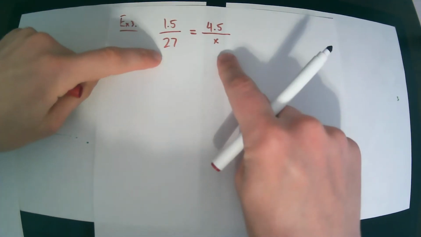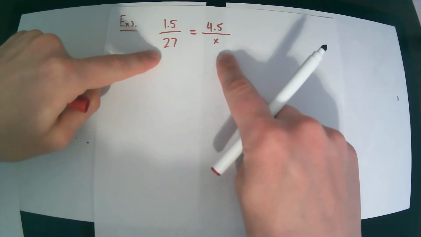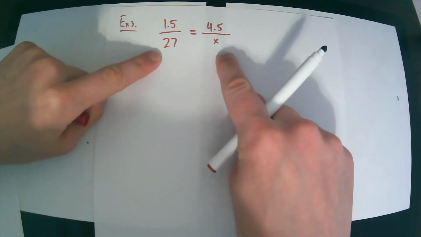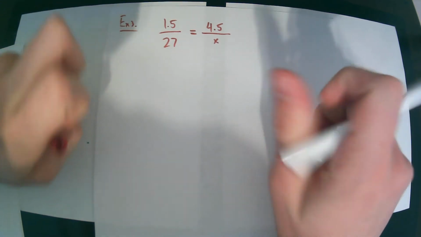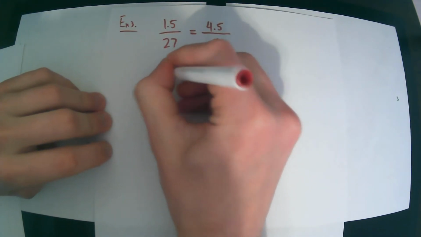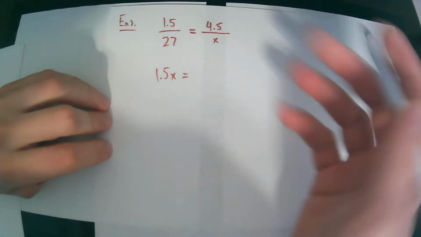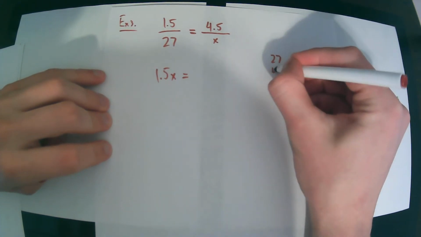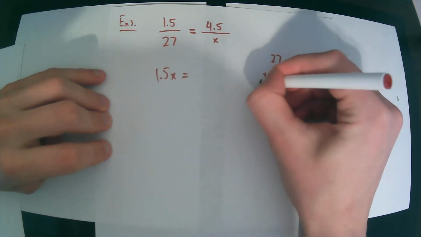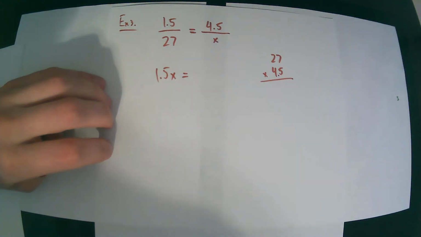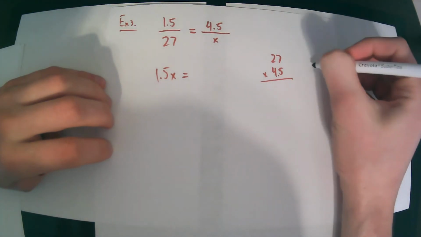Okay, and then remember to solve a proportion, we're going to multiply by both of these denominators at the same time, which you may know as cross multiplying. That's going to give us 1.5x is equal to whatever 27 times 4.5 is. Let's see. If I wanted to be lazy, I could try and pull it apart. That's 3 times 9.